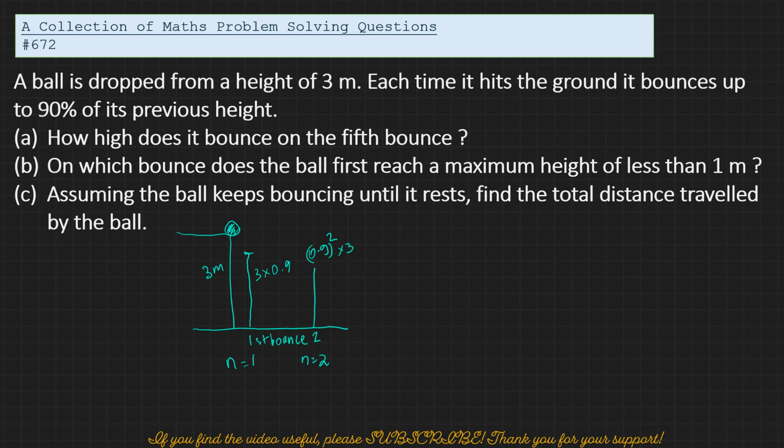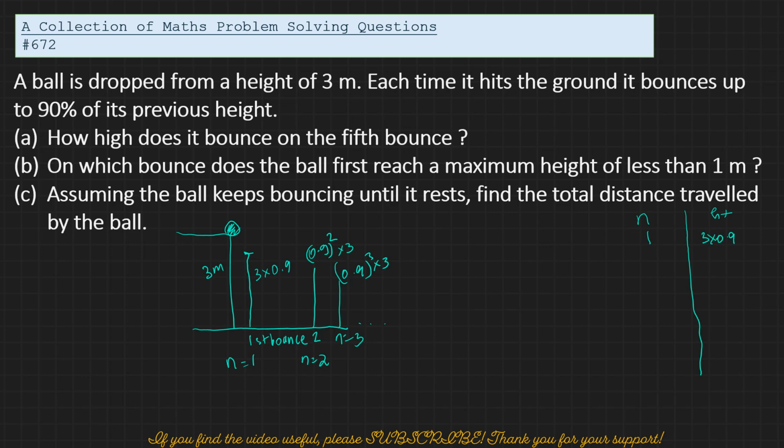And then if you had n is 3, you can write it as 0.9 cubed times 3, and so on. So if I write it in a different way, I can make a column of n and another column of the height.